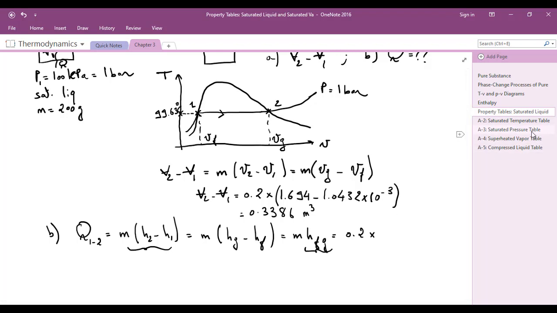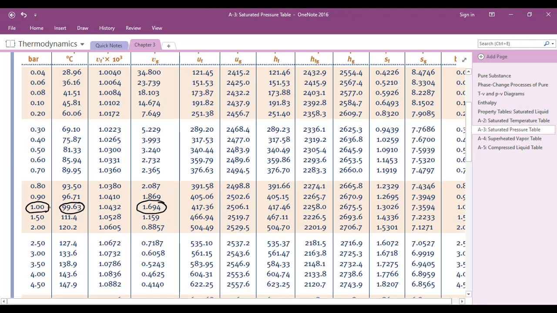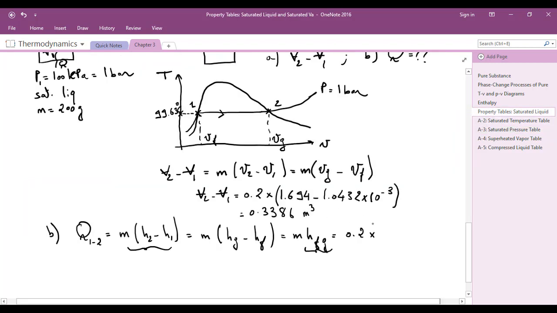We go to the saturation table at a pressure of 1 bar and read hfg, which is equal to 2258 kilojoule per kilogram.